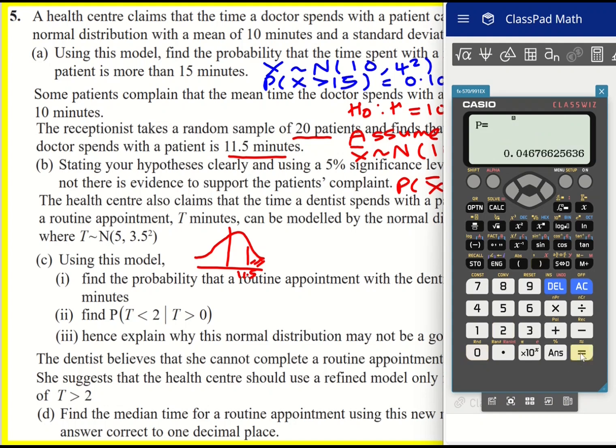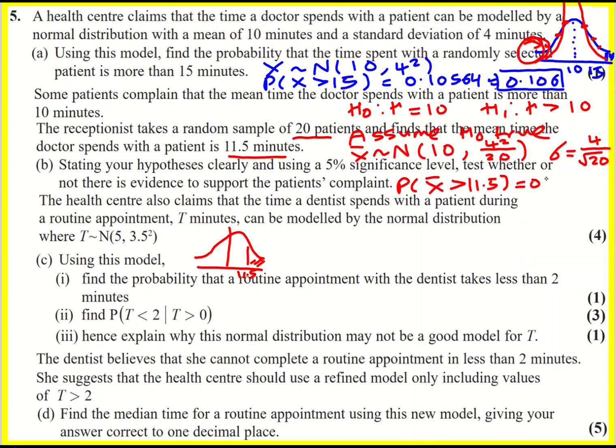Again, the mean was the same. We get 0.0467, and that is 4.67%. It's actually less than the 5% threshold that we have set.